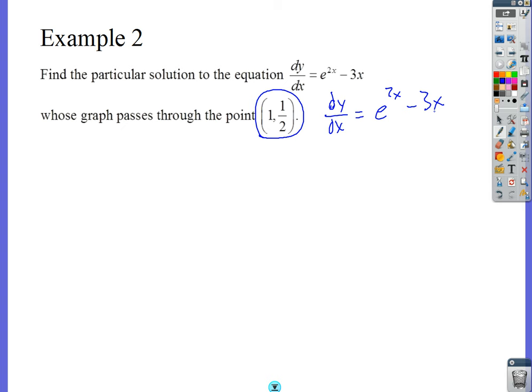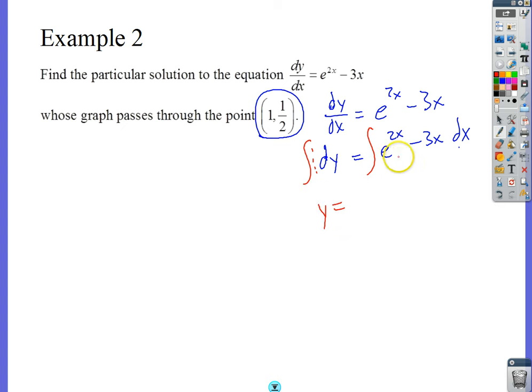And then I go ahead and separate on both sides. And when I do this, I get dy is equal to e to the 2x minus 3x dx. How do I get rid of the dx part? I integrate both sides.